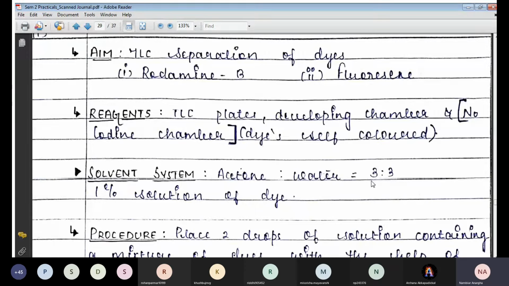Now this solvent system is actually an optimized solvent system. It takes a lot of trial and error. On a trial and error basis, the solvent system has been optimized. The solvent system is acetone to water, 3:3, both 3 ml. We will be taking 3 ml of acetone and 3 ml of water in a glass beaker of 250 ml or 150 ml.